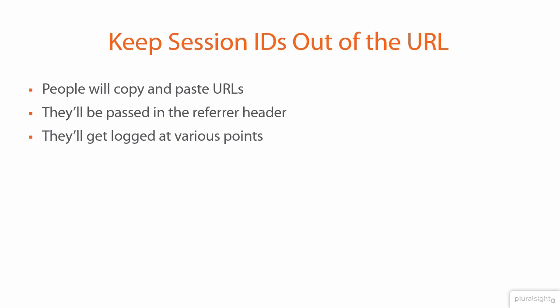Now, yes, this will mean that if someone has cookies disabled in their browser, they're not going to be able to log on. So there is a business decision that has to be made here. Do you want those people using your site or not? But there's lots of devil in that detail. How many people? How important is it to authenticate?